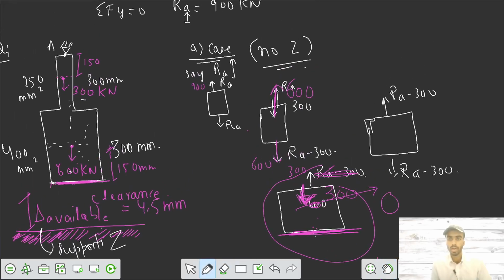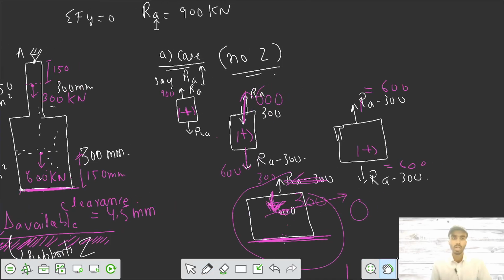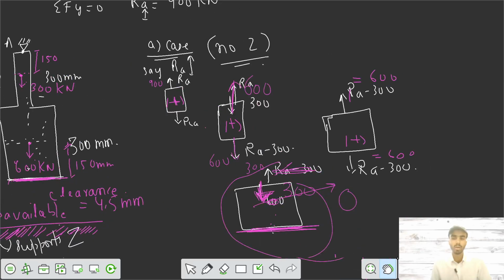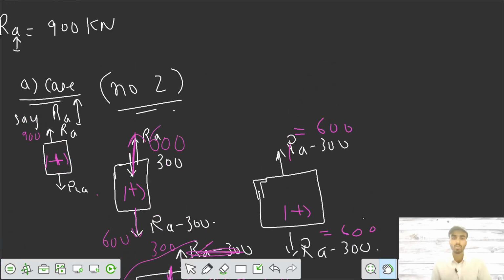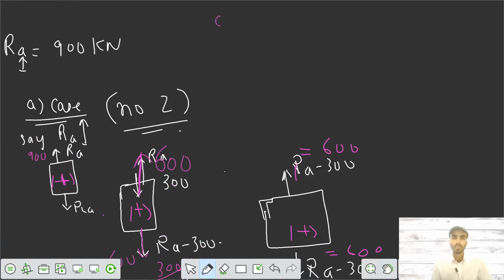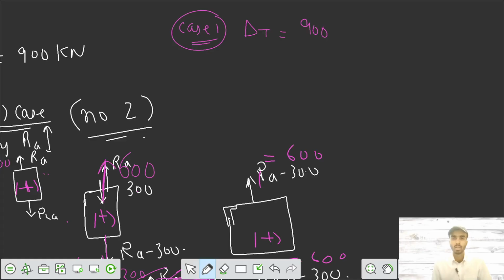So we know RA equals 900. So net this comes out to be 600, positive, tensile. We can get the total displacement. How much total displacement of the bar would be? In case 1, delta total comes out to be, let's say first one is 900 kilonewton, keeping the kilonewton common.